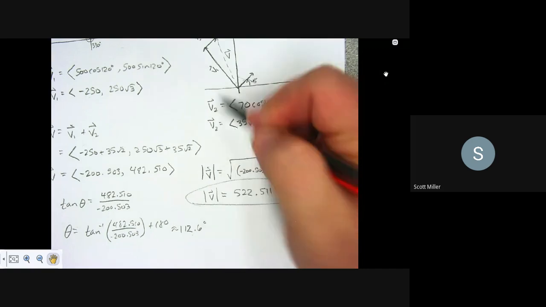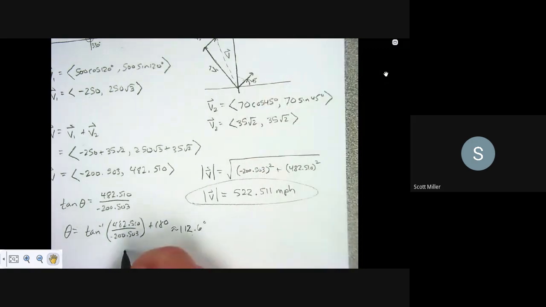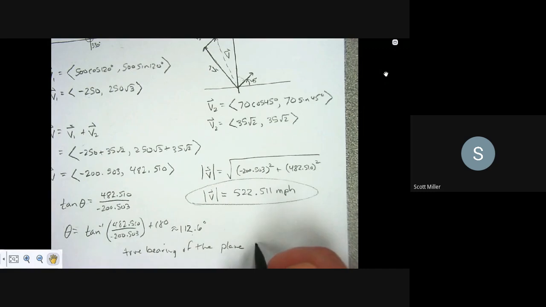And then you take that away and it gives you this. So the true bearing of the plane will be 337.4 degrees.